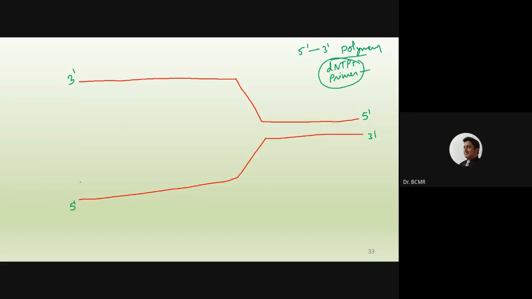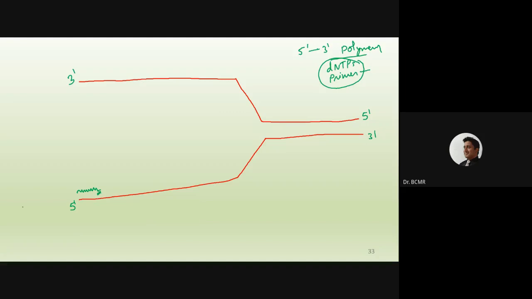First, I will take this strand, which is easier. So I'll draw a primer. Primer is usually indicated like this. And if there is a primer and there is OH, what will DNA polymerase do?